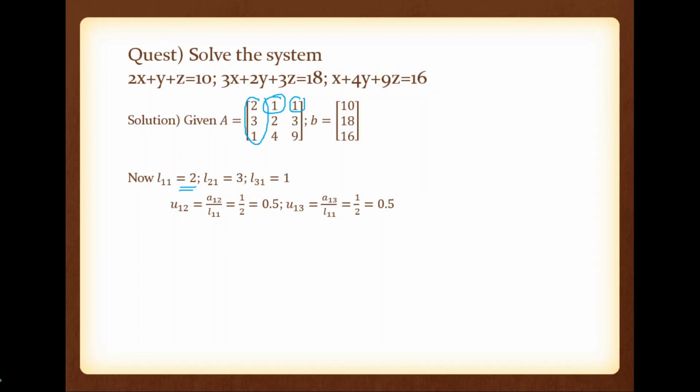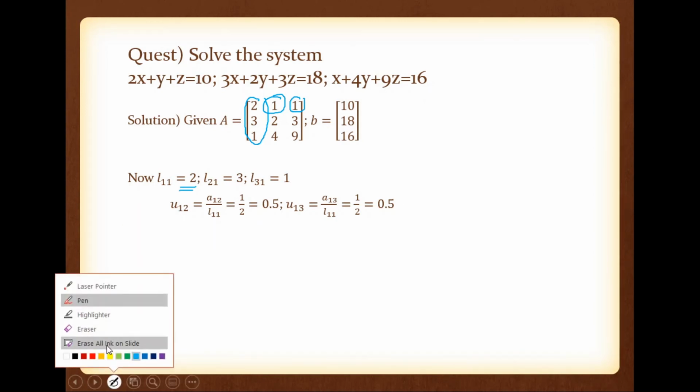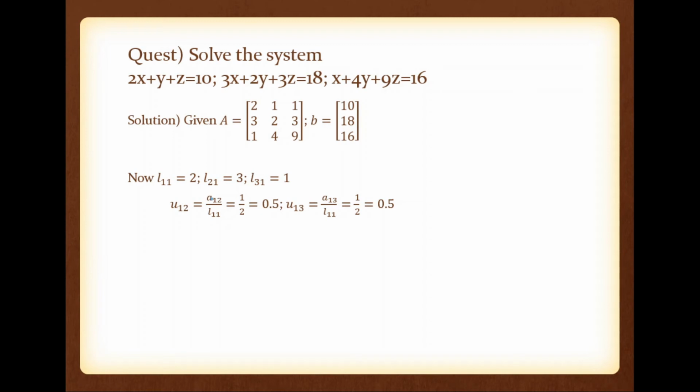So L22 is equal to A22 minus L21 into U12, that is 2 minus 3 into 0.5, that is equal to 2 minus 1.5, that is equal to 0.5. Is it okay?